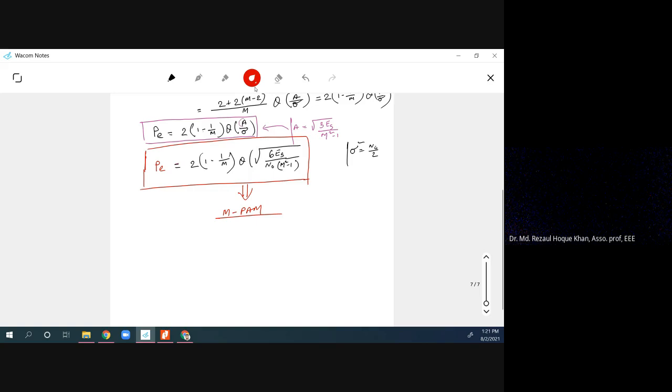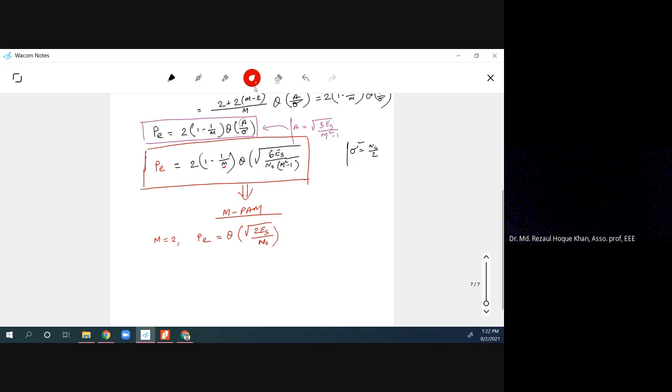Now let's say M equals 2. What will happen to this probability of error? You see, M equals 2, 1 minus half, 2 times Q. So we can find it will be nothing but Q of the square root of 2 Es by N0.